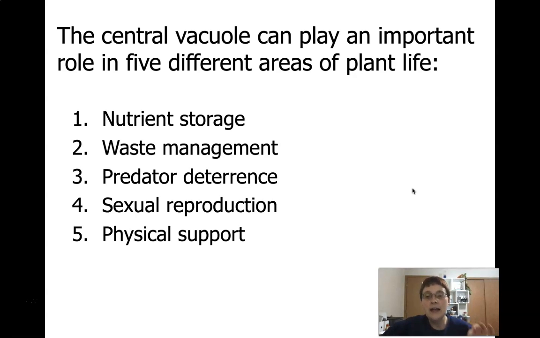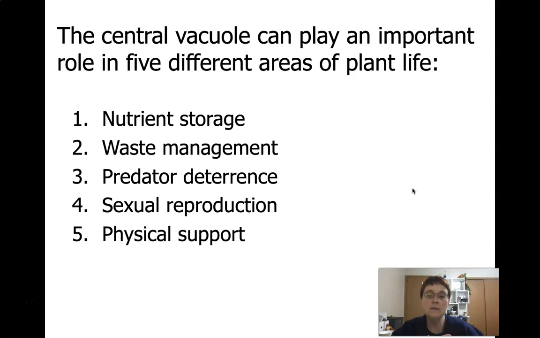And then the last one is for physical support. So this is a section that has a lot of water in it. And so it's sort of used as water storage, but more it's used as a support section. Think about it as like a water balloon. And so the plant can push water in there and blow the balloon up so it'll push against the sides of the cell wall to help give extra support to the plant.